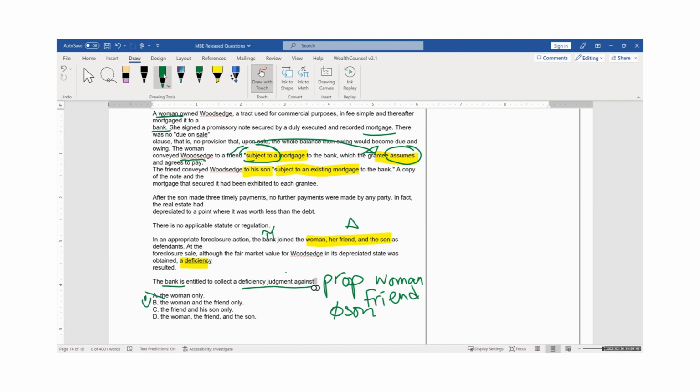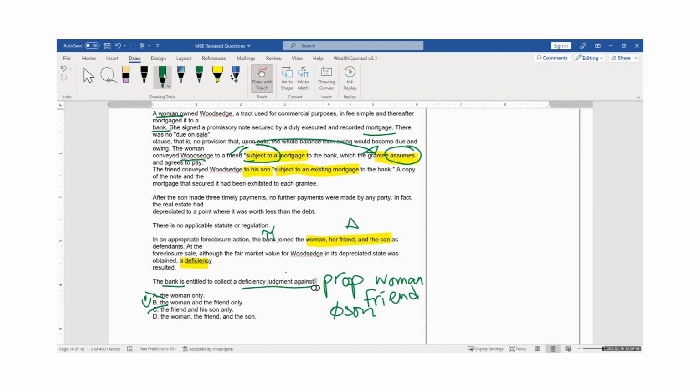Answer choice C includes the friend, excludes the woman. You can cross out the answer choices that don't have the woman in there because the woman is always on the hook, so you don't even need to do the son's analysis if you knew that.